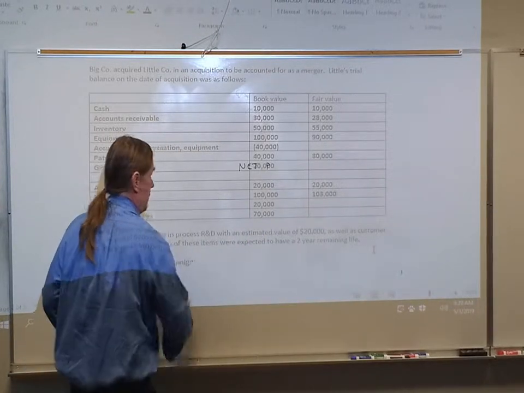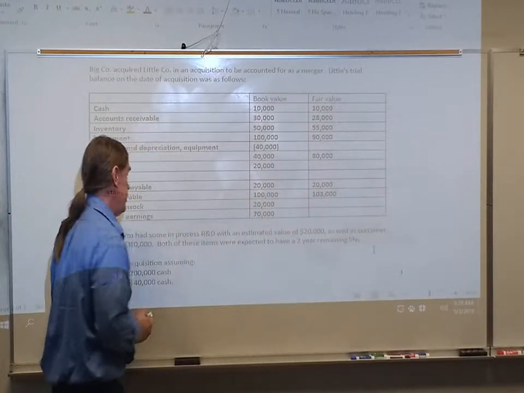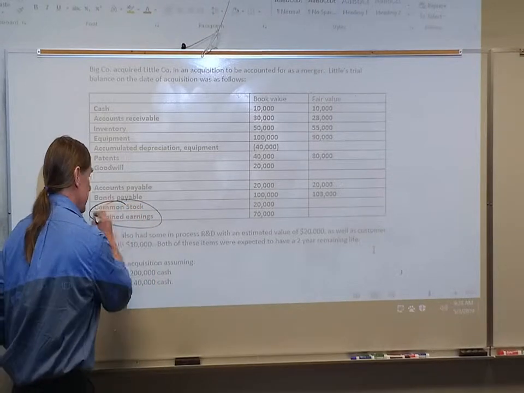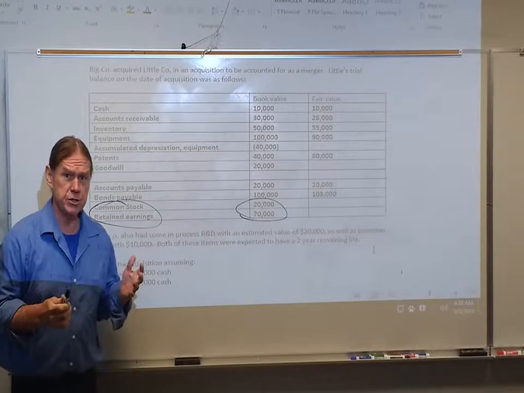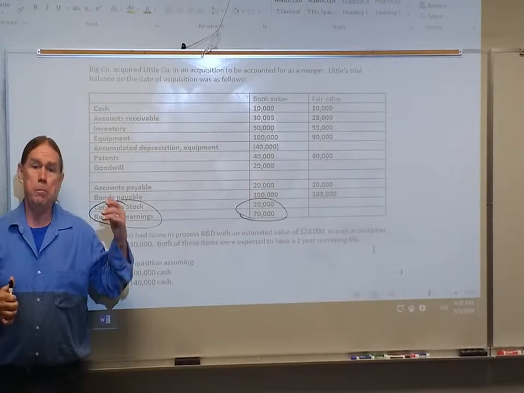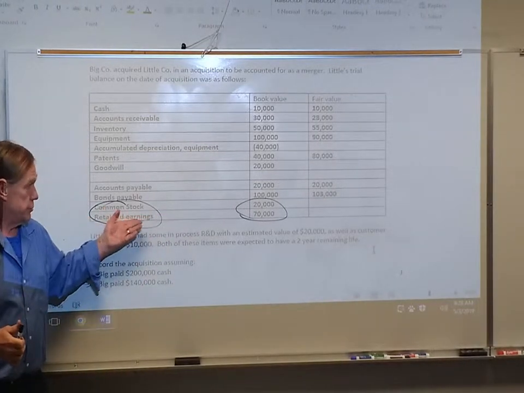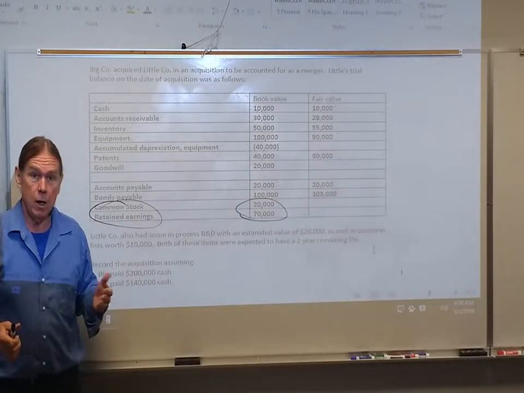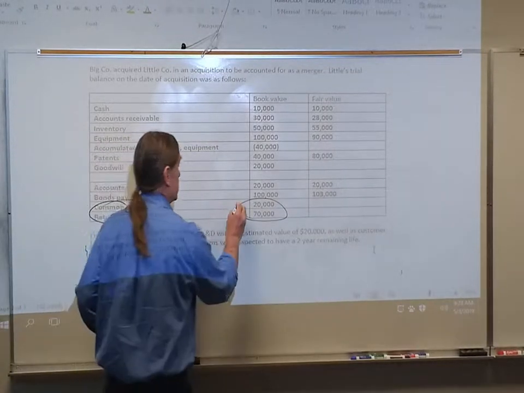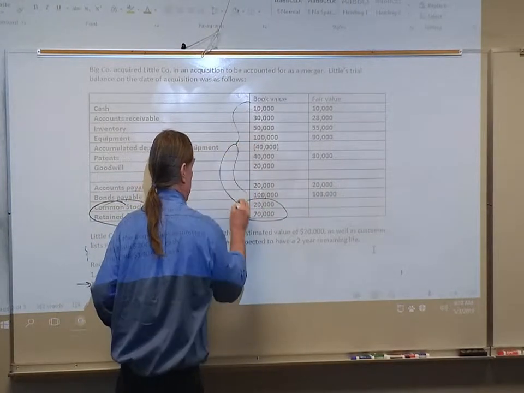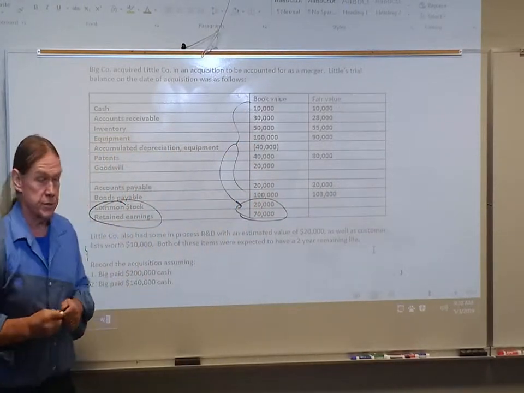And one thing that was never seen again were the original common stock and retained earnings accounts. Basically, that represents the ownership interest of the previous owners, right? When we buy little company, and again, basically this equals all of that, right? Net assets.